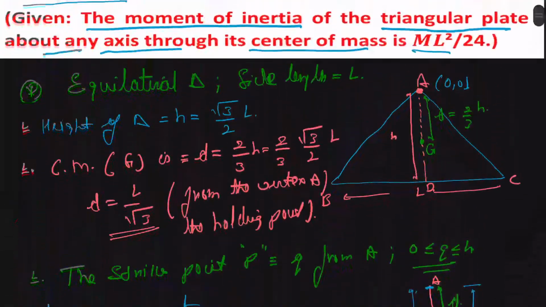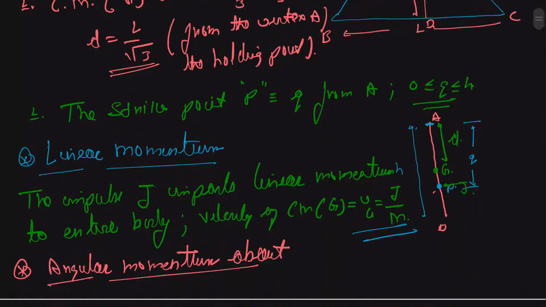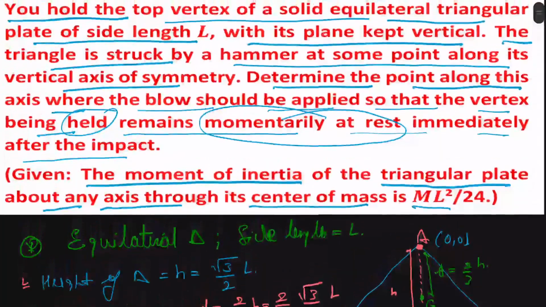We were supposed to find this, so the distance Q we found is equal to 3 square root of 3 upon 8 times L, and this is the condition such that the point A is stationary for a fraction of a second, because that was the requirement in the question given to us.